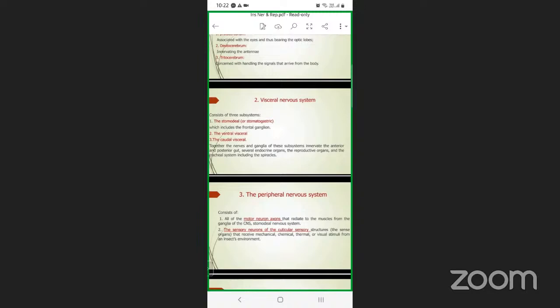And we also explain that the insect nervous system is divided into three major parts: the central nervous system, the visceral nervous system, and the peripheral nervous system. In the central nervous system, we will explain about the brain, the double ventral nerve cords, how the segmental ganglia join, and how the lateral and longitudinal connectives are there.